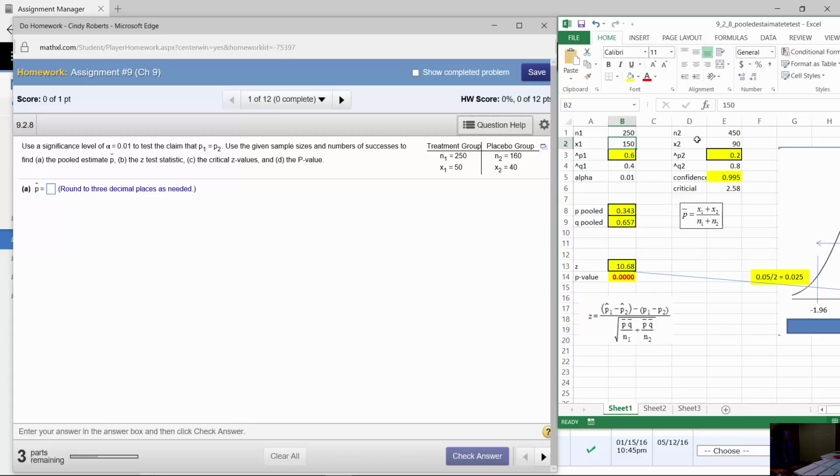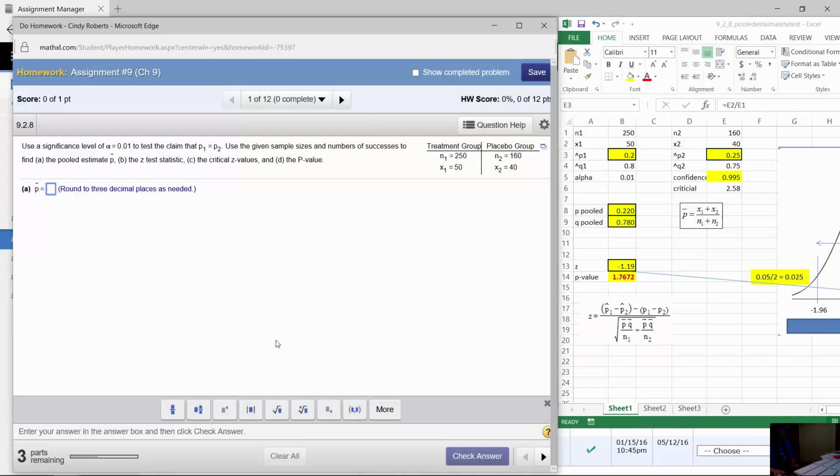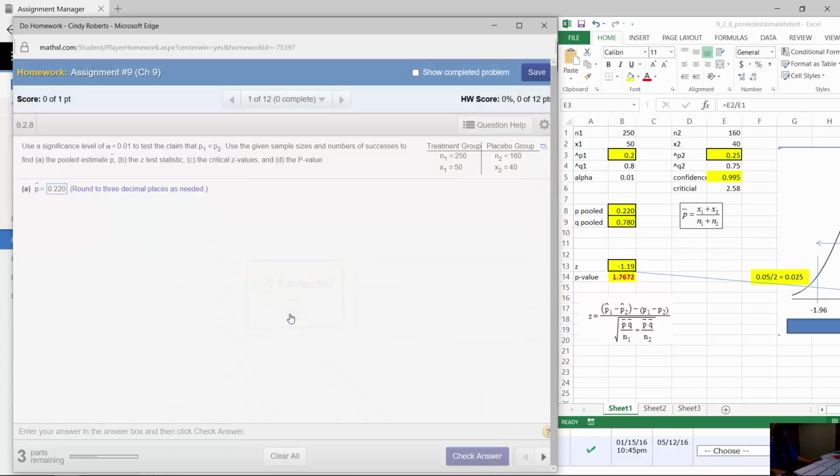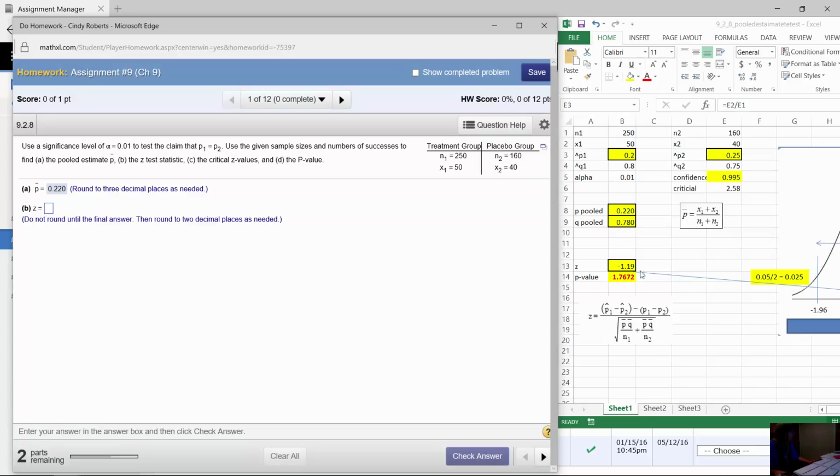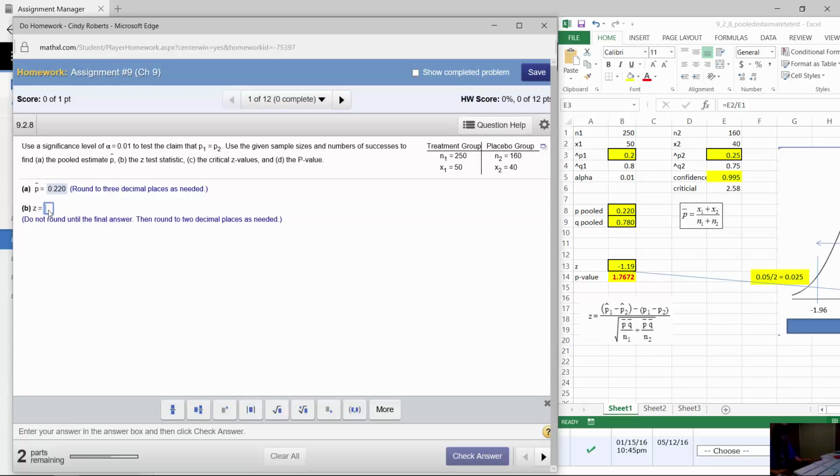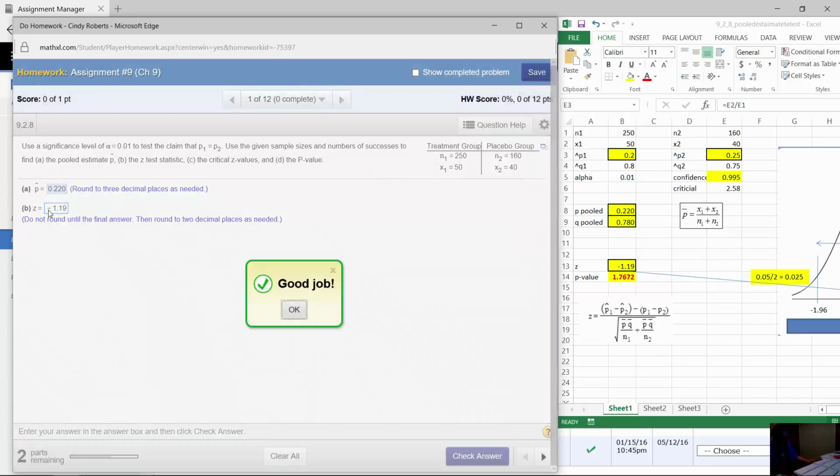N1 250, X1 50, N2 160, X2 40. See, if you have formulas, it just magically puts everything in. So P pooled is this cell right here. Fantastic. My Z is negative 1.19.